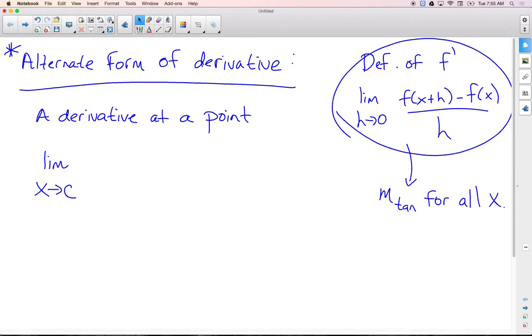So maybe that's a 2, maybe that's a 3, maybe that's a -4, maybe it's a -5. You're finding the derivative at a specific point, at a specific x value. So you're finding the slope of the tangent line at c. You with me? And here's what it looks like. It's actually really easy to use. f of x minus f of c over x minus c.